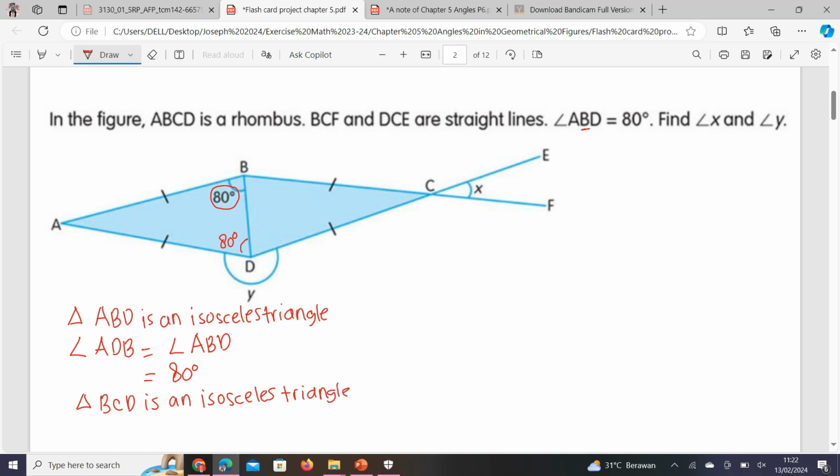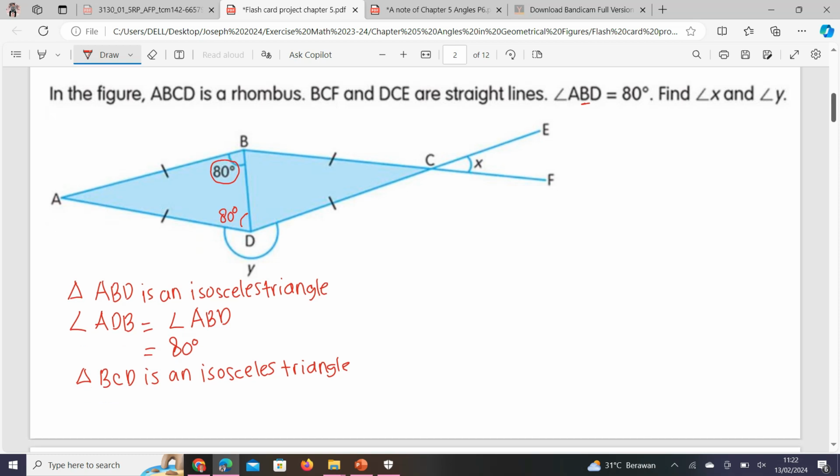So from this, you know that the angle of CBD is equal to the angle of CDB, which equals the angle of ABD, so 80 degrees.